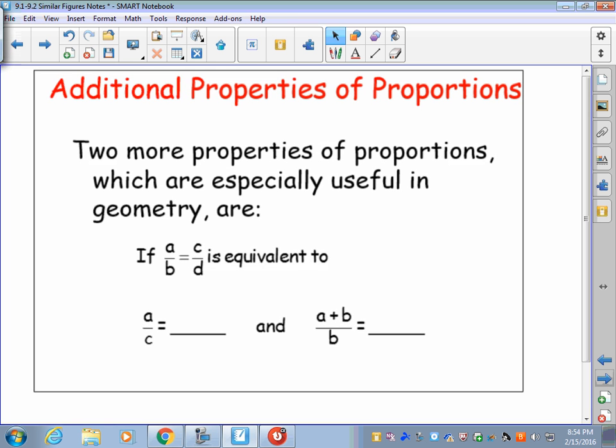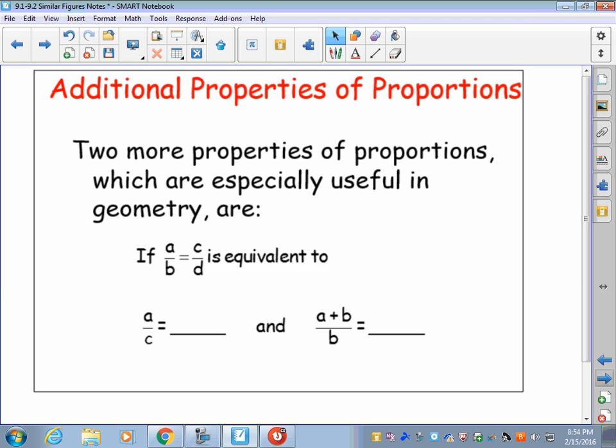There are additional properties that go with proportions as well. When setting up a proportion, you don't have to do it one way every time. You just have to keep the same relationship to keep the proportional relationship. So you can write a proportion in many different ways. If the original proportion I gave was A over B is equal to C over D, it's going to be equivalent if I rewrite it as long as I keep the pattern the same.